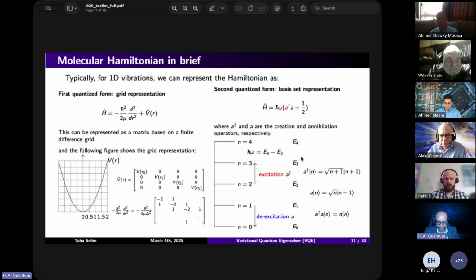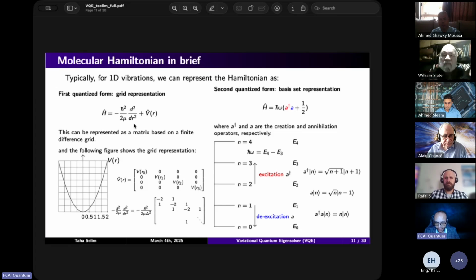For the sake of simplicity, why can we go for one representation and omit the other one? So typically each representation has its own advantage and disadvantage. For example, if you go with a grid representation, the potential is diagonal, so you don't work much. However, you might not get all the time the potential diagonally, or you might do a lot of heavy work on the kinetic energy operator. So it's good for certain use cases.